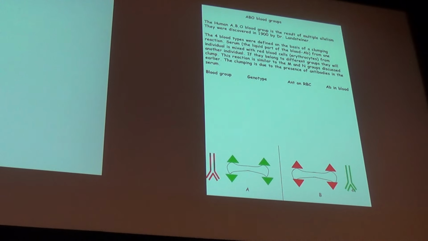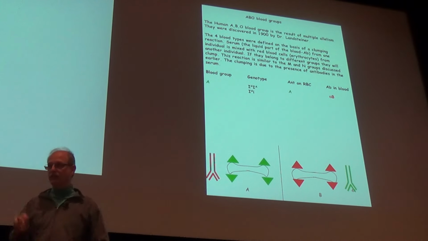Okay, so blood group is determined by a combination of the antigens that are present on the surface of the blood. So, when you're blood group A, you've basically got a genotype that will generate an antigen A on the red blood surface. And I'm going to show that as little green triangles here. Antigen on red blood cell is green triangles.